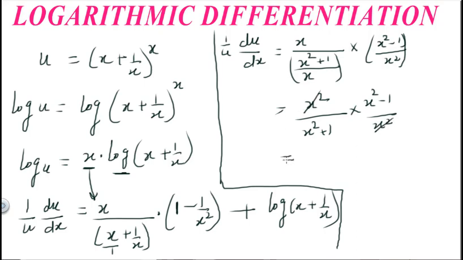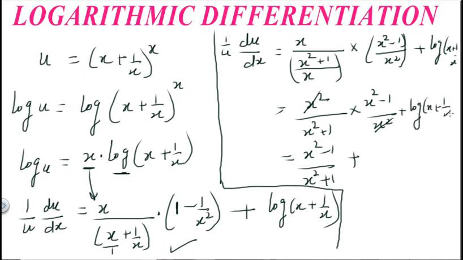So the answer for this part is x square minus 1 upon x square plus 1. Plus, with plus we had log of (x + 1/x). So here also you will write log of (x + 1/x). This is the second term. Clear? So this is what we are getting for 1/u du/dx.